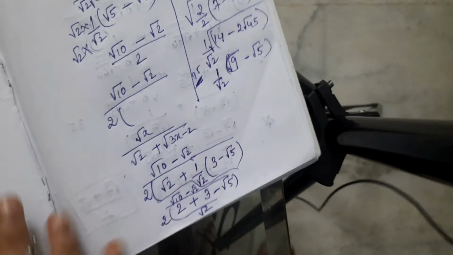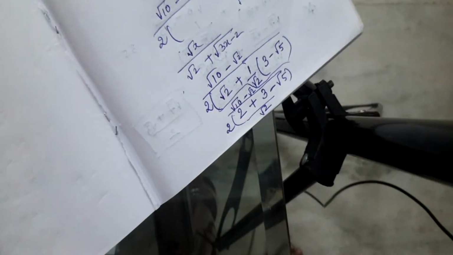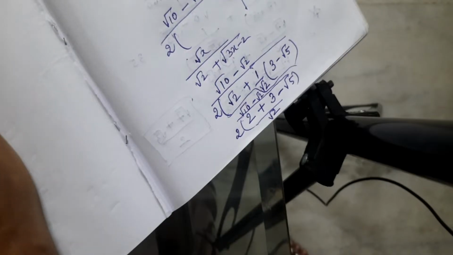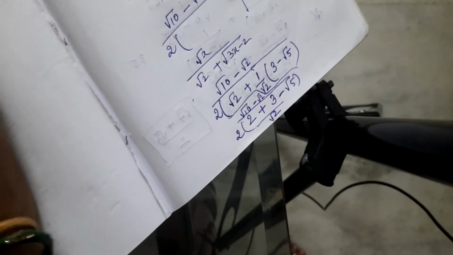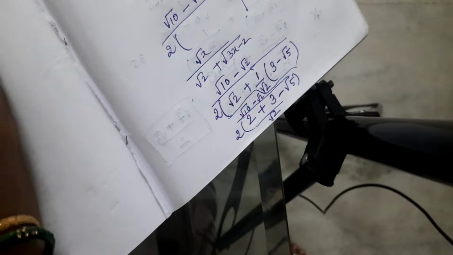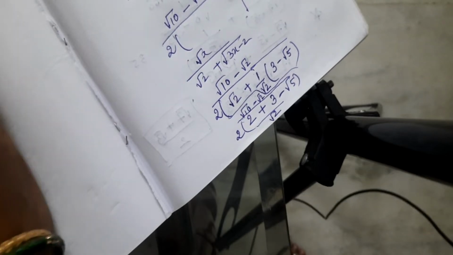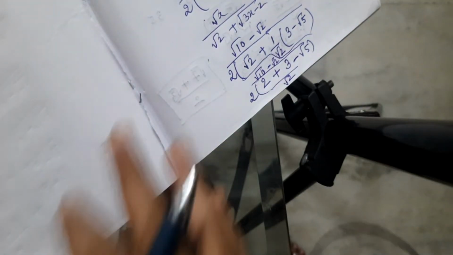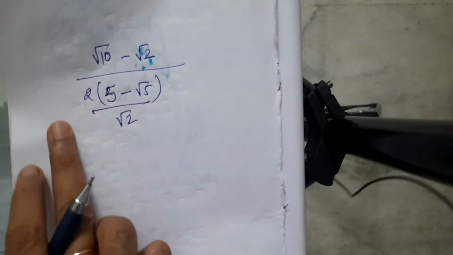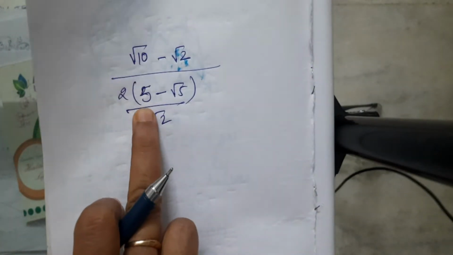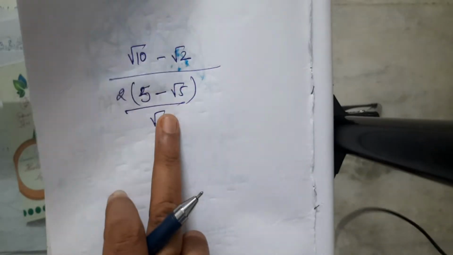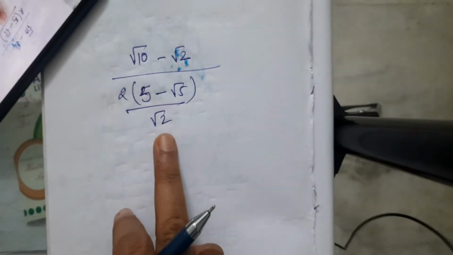Now how to solve for this part? So let me write it again. Root 10 minus root 2 upon 2 plus 3. The whole thing I simplified, like there 2 plus 3 was there, that I made 5. 5 minus root 5 upon root 2.